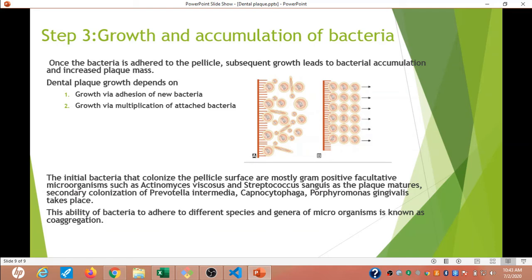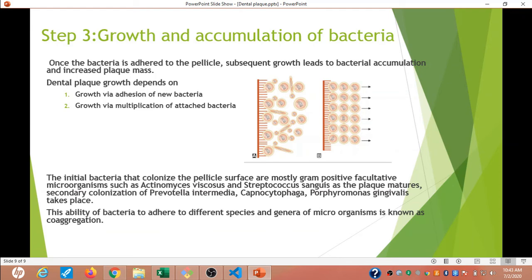So step 3 is growth and accumulation of bacteria. We know pellicle is formed, then bacteria is attached to that pellicle. Then next is growth and accumulation of bacteria. Once the bacteria is adhered to the pellicle, subsequent growth leads to bacterial accumulation and increased plaque mass.